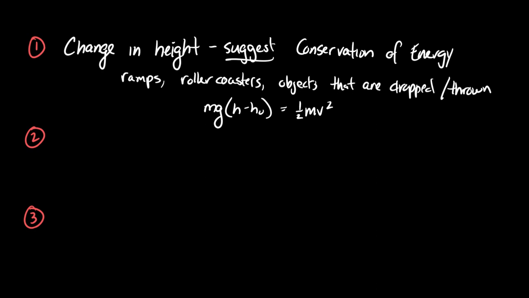We set the energy at one point equal to the energy at another. And just a reminder, you could have kinetic energy and a change in height, and you could still have some potential energy after a change in height. But at its absolute, potential energy was converted to kinetic, or kinetic was converted to potential.